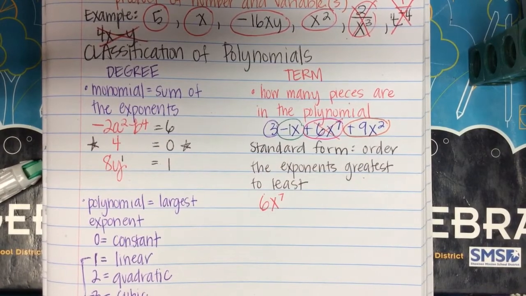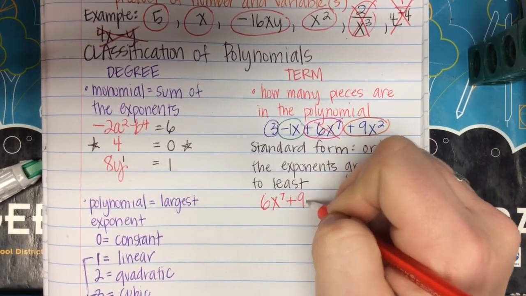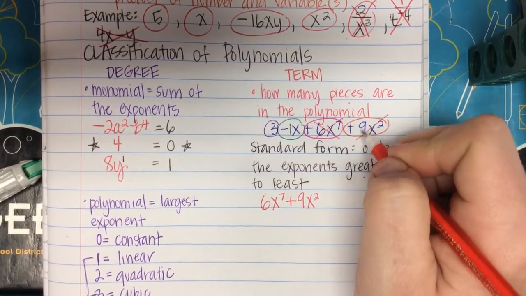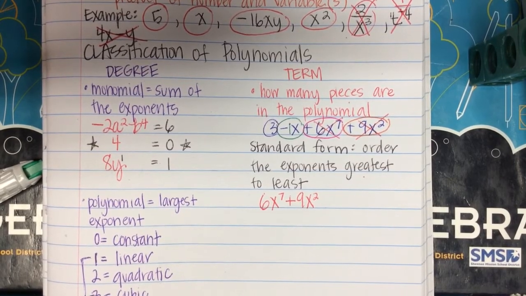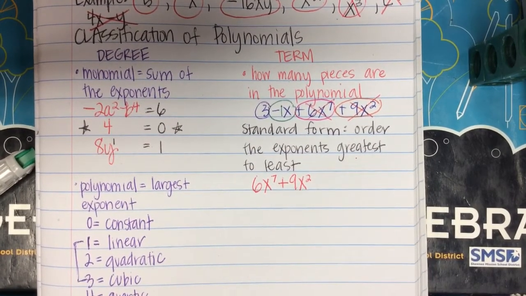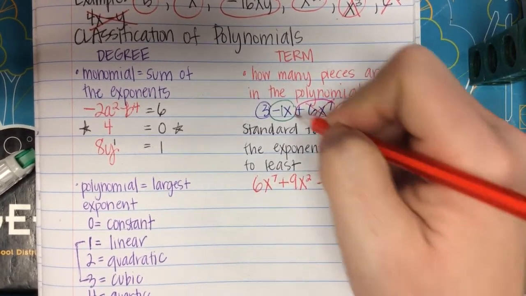Parker, which one would go next? I'd put positive 9x squared. Good. Corbin, what comes next? Not 3. Good. Minus 1x.